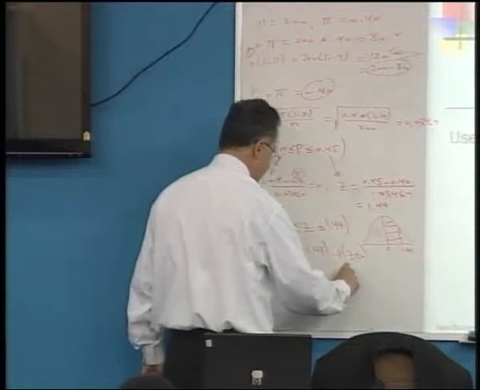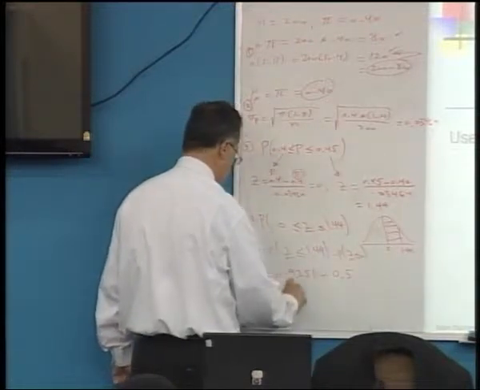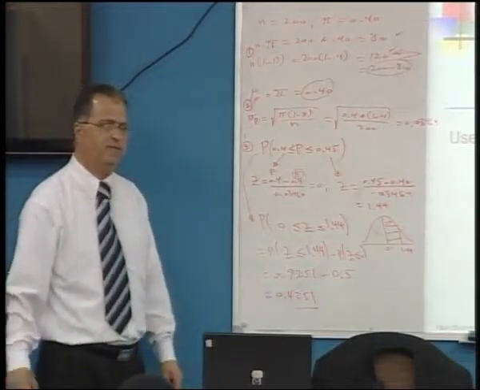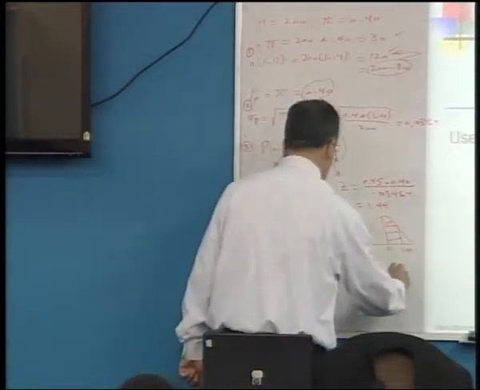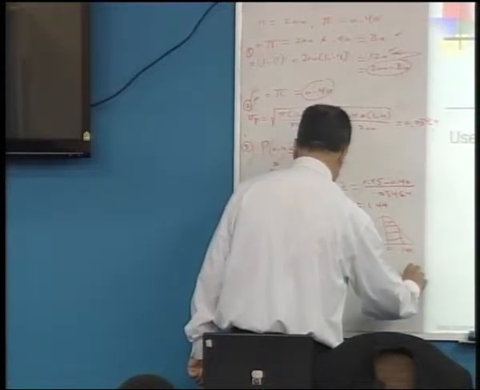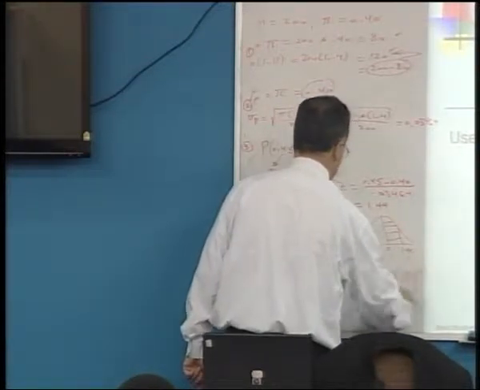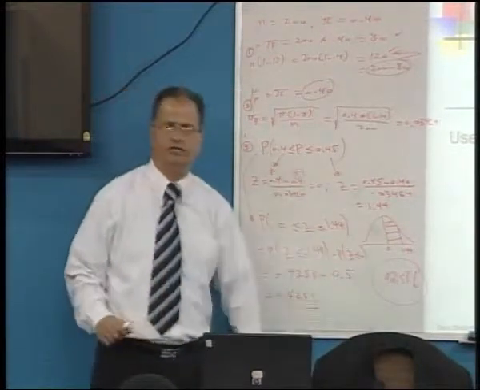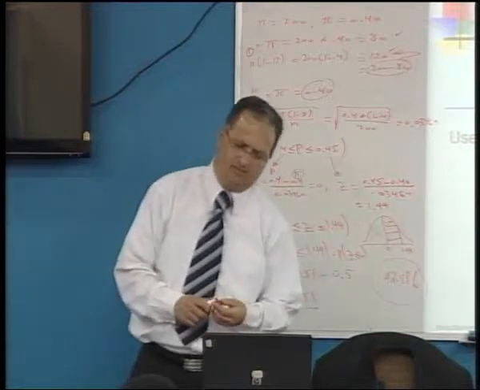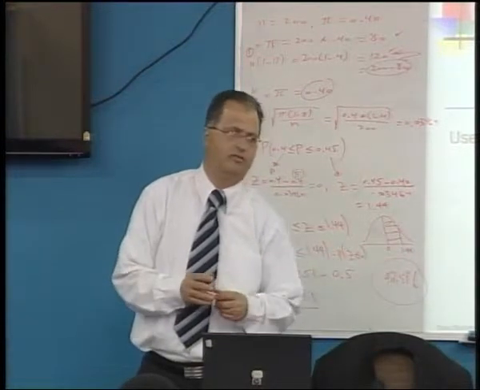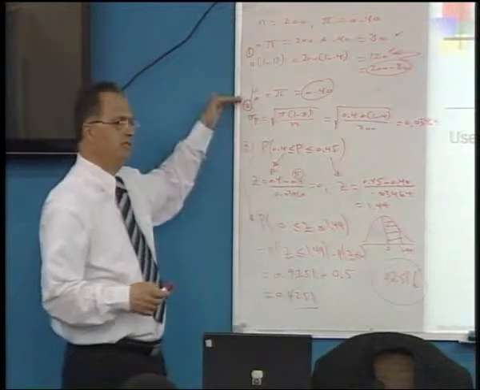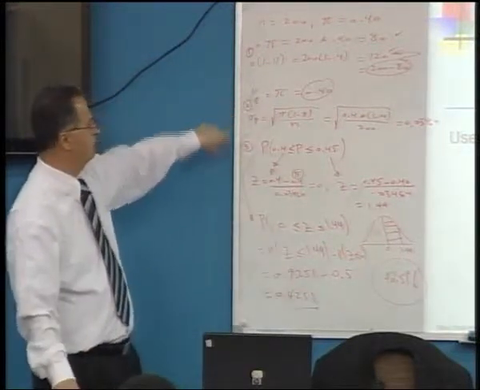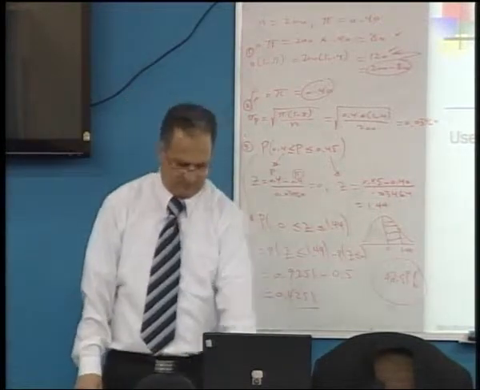Just check your table. Minus 0.5, so the final result is 0.4251. That means around 42.51% that the proportion lies between 40 and 45%. So that's how we can compute the probabilities underneath the normal curve if we are interested in the sample proportion.